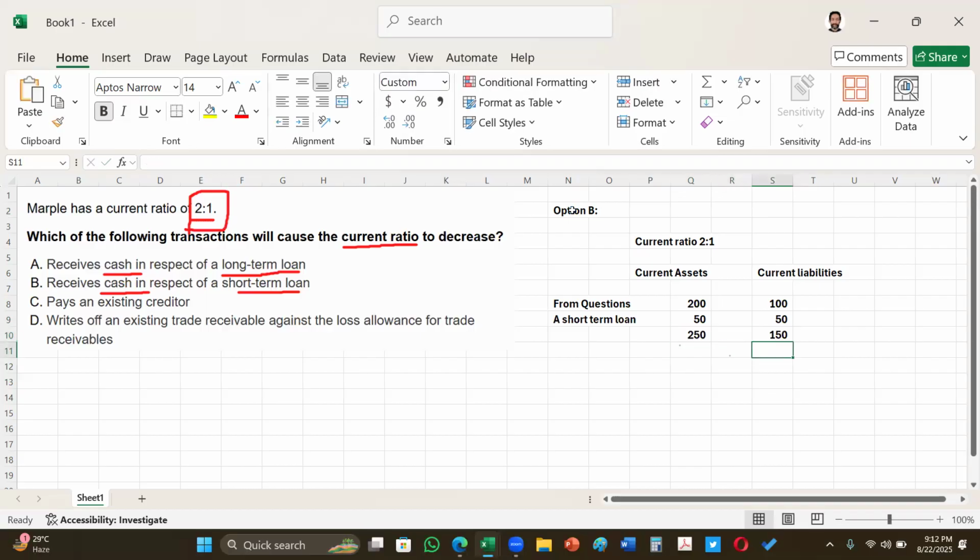If this is the case, then we need to calculate the current ratio again. The current ratio till this point was 2:1.